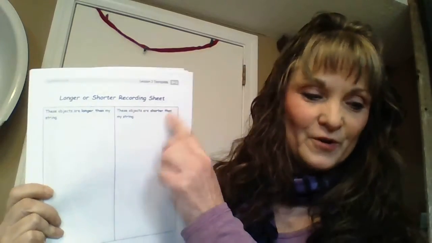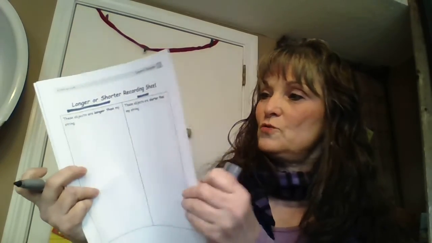So, this side says shorter. Now, those are a lot of words that would be hard to read. So what I'm going to do, and moms and dads can do this if they want, I put a long line here. So this is for things that are longer than my cube, and this side is for things that are shorter than my cube. So I decided my phone was shorter than my cube.